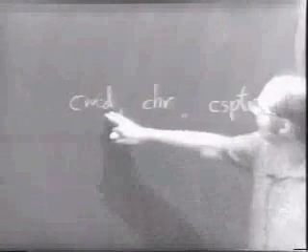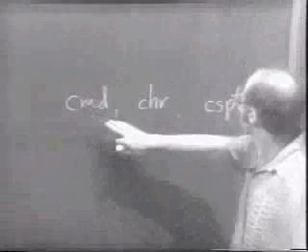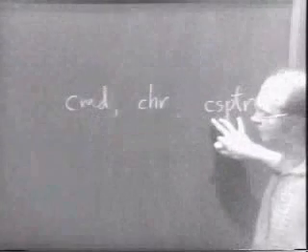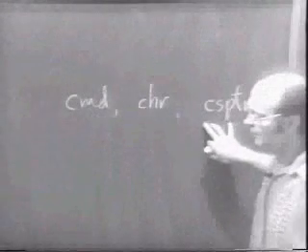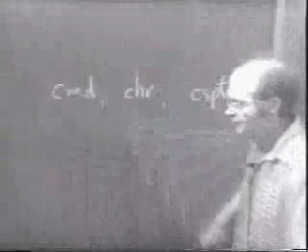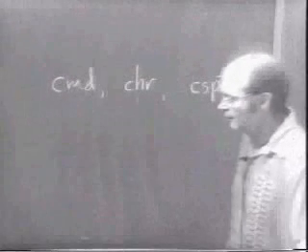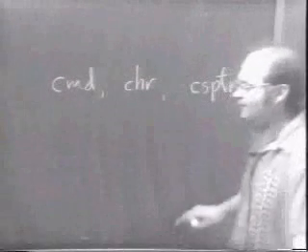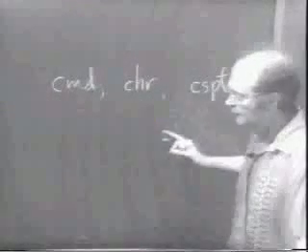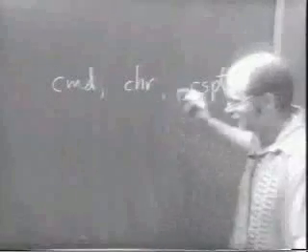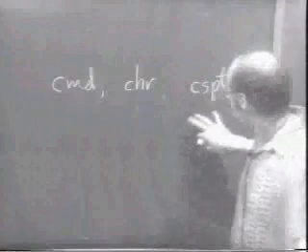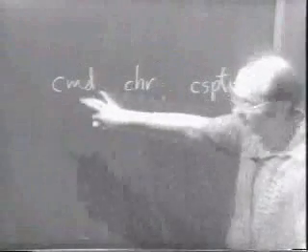Then the CS pointer will point to whatever control sequence actually had this command and chr, so that in an error message, for example, you'd like to use the control sequence that actually caused this thing.